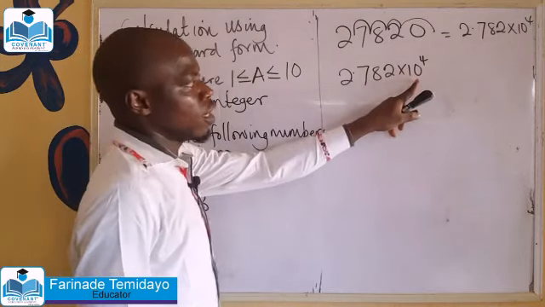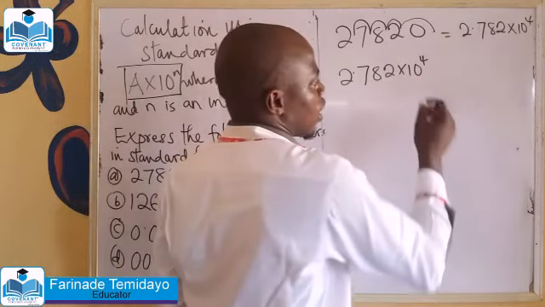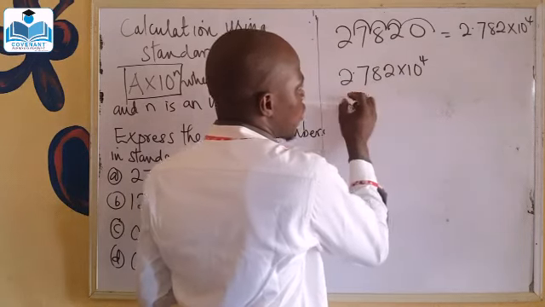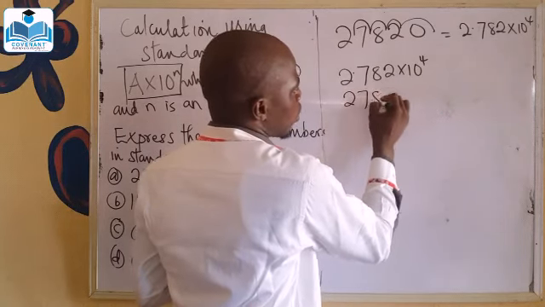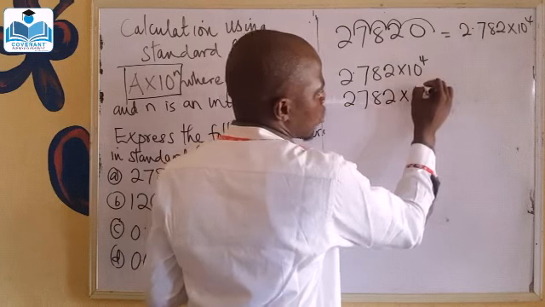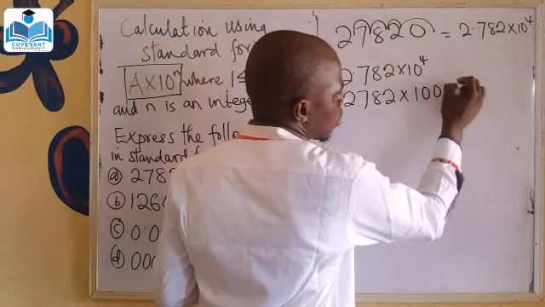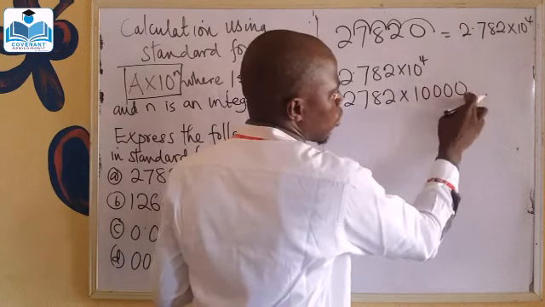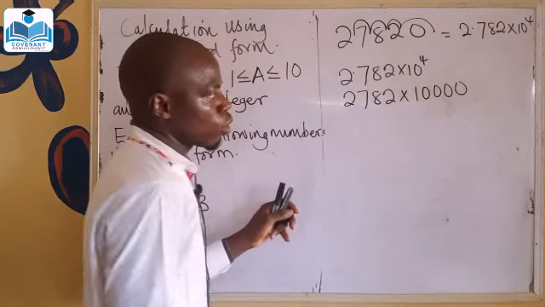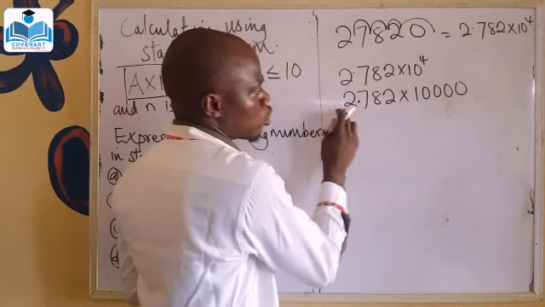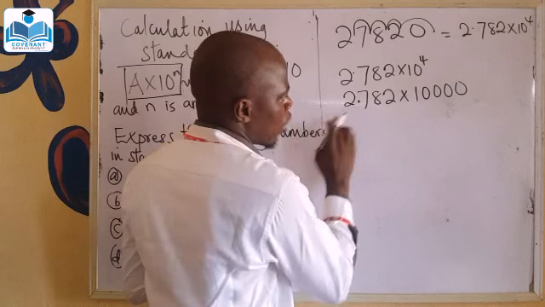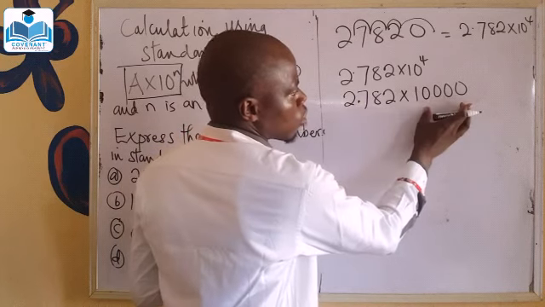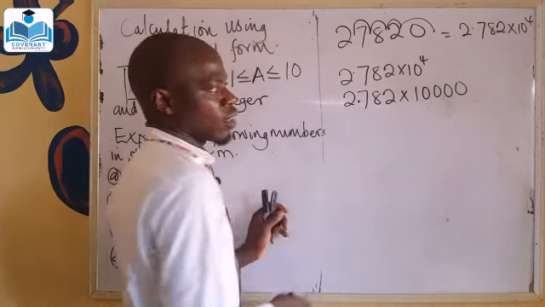That means this 10 raised to the power 4 means 4 zeros. That means you're having 2.782 times 1 with 4 zeros: 1, 2, 3, 4, 4 zeros. So 2.782 times 10,000. What is going to be your answer in this case?